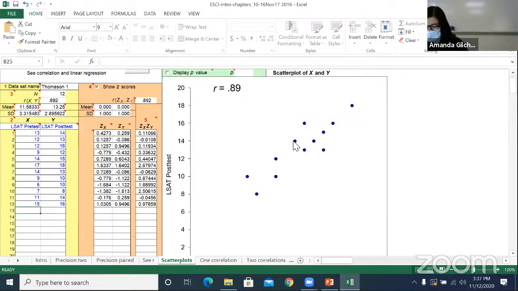No, you'd be up here. 13, 14 is what we want. So you're probably right here. Yep, there it is, 13, 14. So this is the data point for the first person. They're right here. So their z-score in relation to the mean of x is 0.42. Their z-score in relation to the mean of y is 0.25.